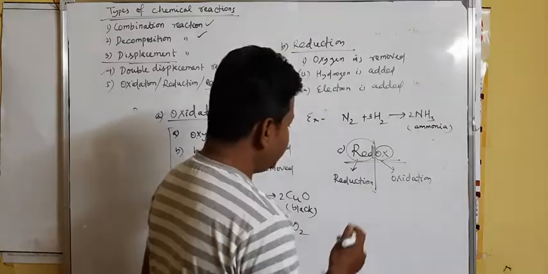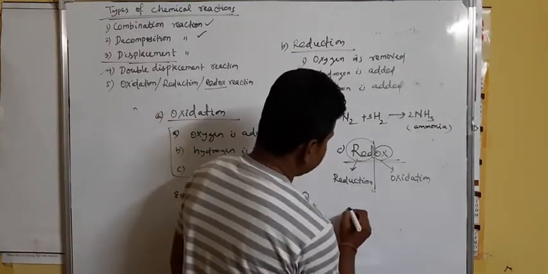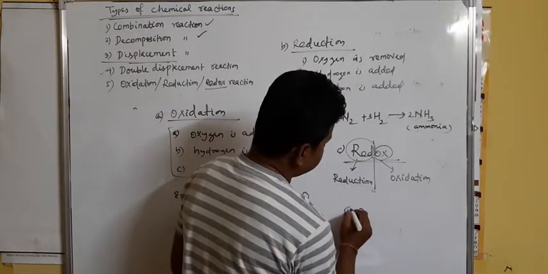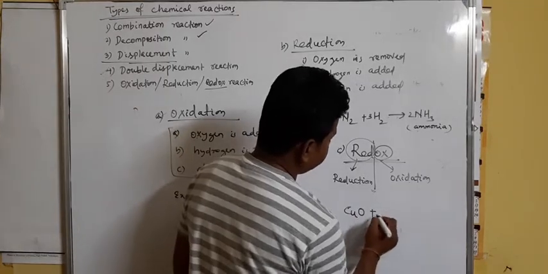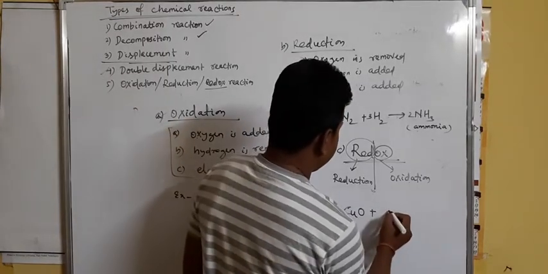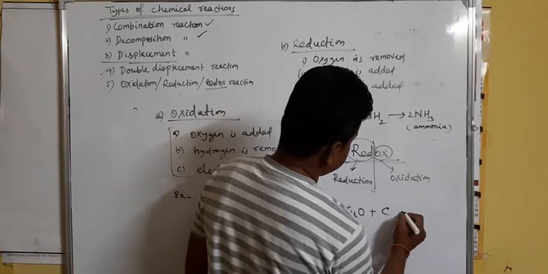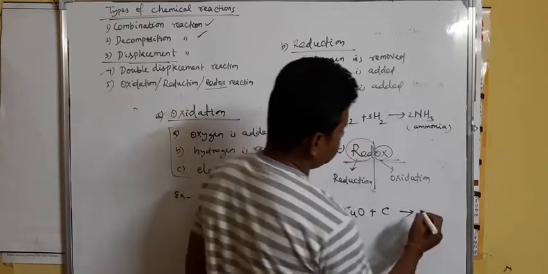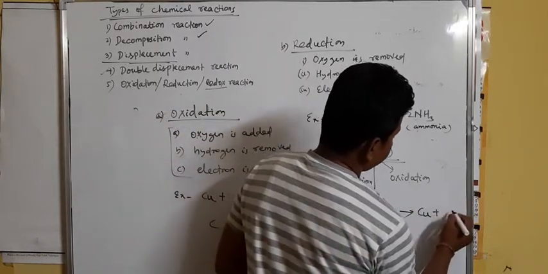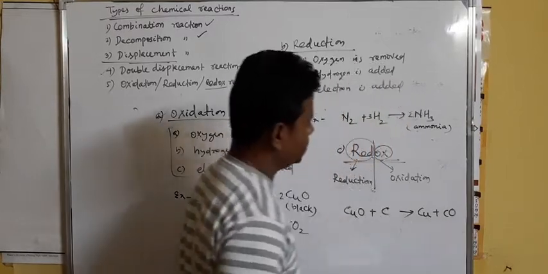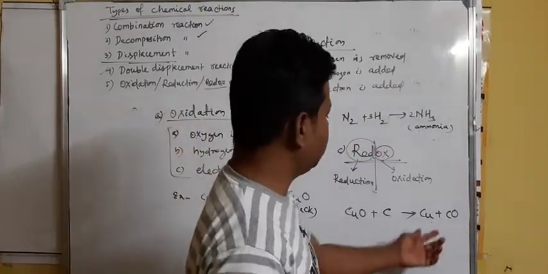We'll take an example: copper oxide reacts with carbon to form Cu plus CO, carbon monoxide.